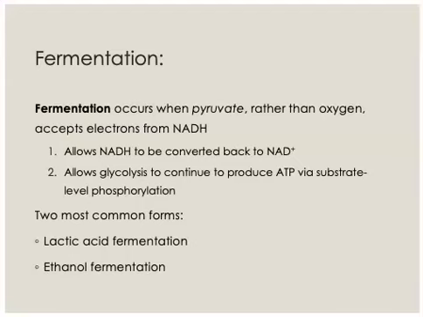And as long as glycolysis can continue, a little bit of ATP will be produced through substrate level phosphorylation, and that will keep that cell alive. There are many fermentation pathways, but the two most common forms of fermentation are lactic acid fermentation and ethanol fermentation.